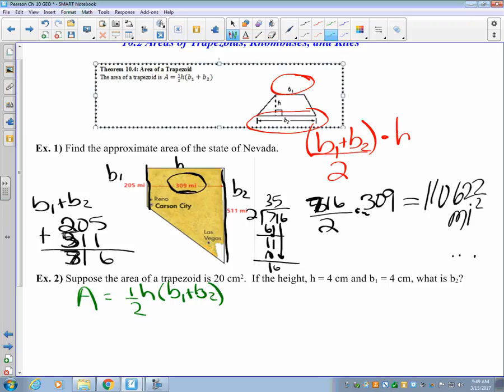And we have a height of 4, base 1 of 4, and an area of 20. We're going to plug these into this little formula. H is 4, base 1 is 4, we don't know base 2, and we're going to divide that by 2.